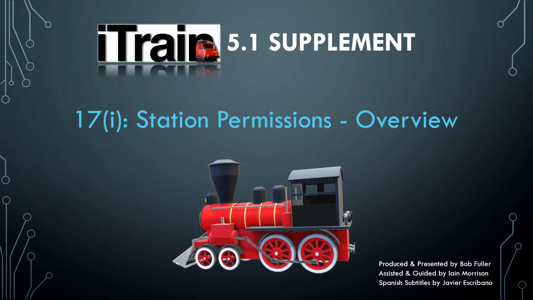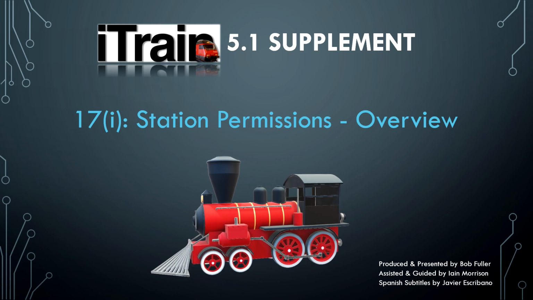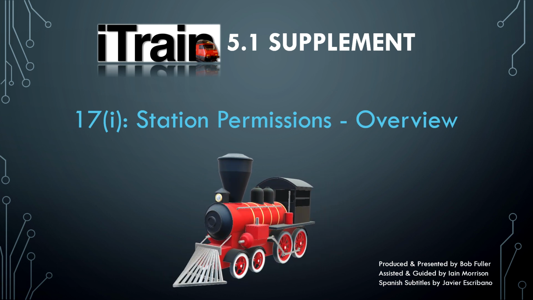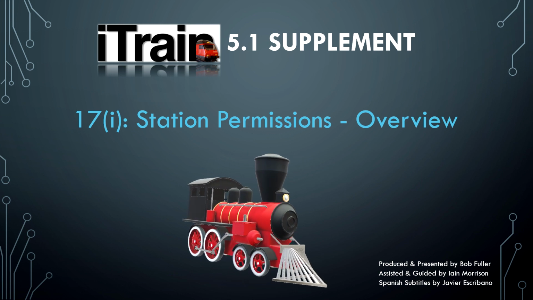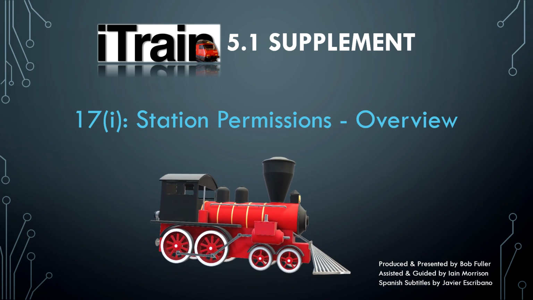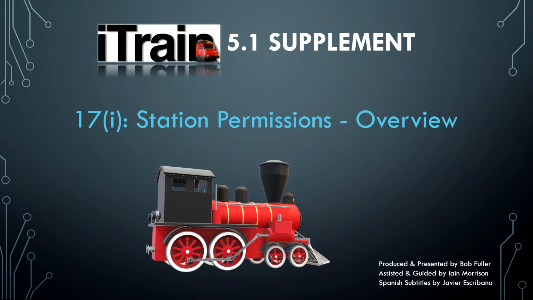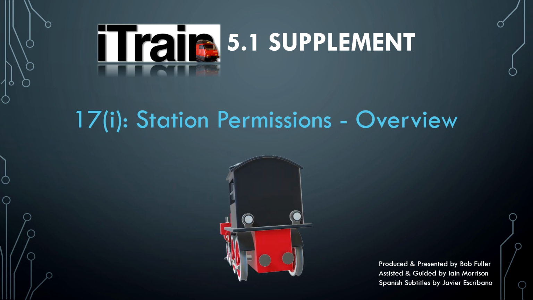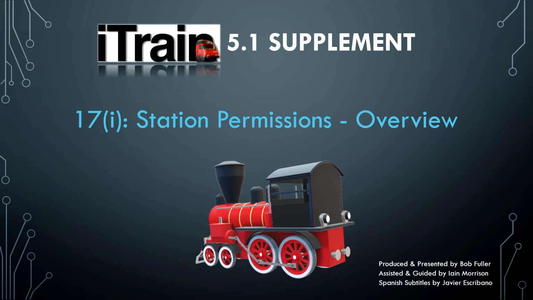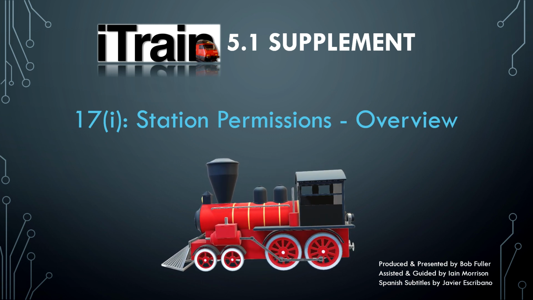Welcome back. During automatic routing without a route, iTrain has complete control of the train. It decides its own route using stations as waypoints to navigate via and to wait at.